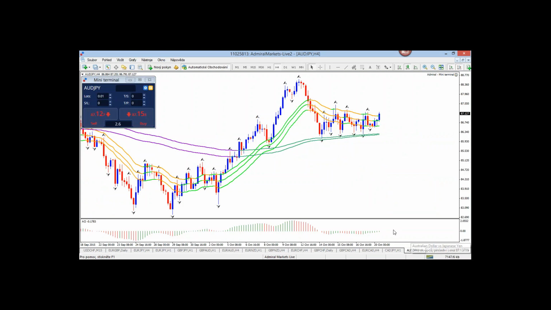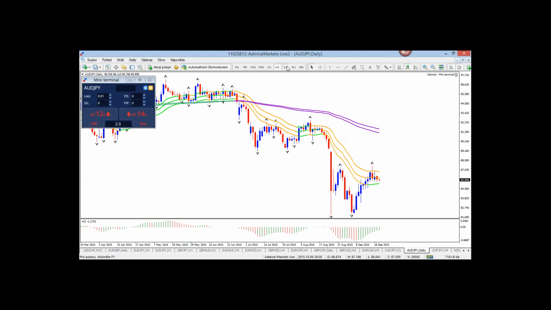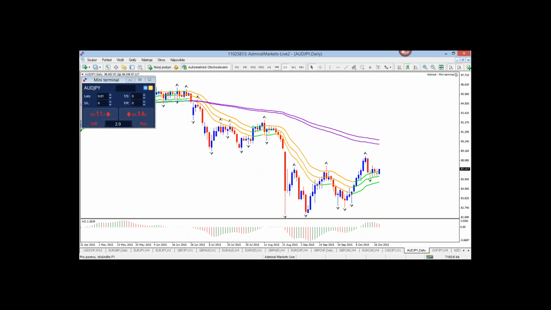This is the AUD Yen. AUD made a strong retracement, but now moving averages are bullishly aligned. Here it seems to be a retracement potential as we're above the band but below the tunnel.